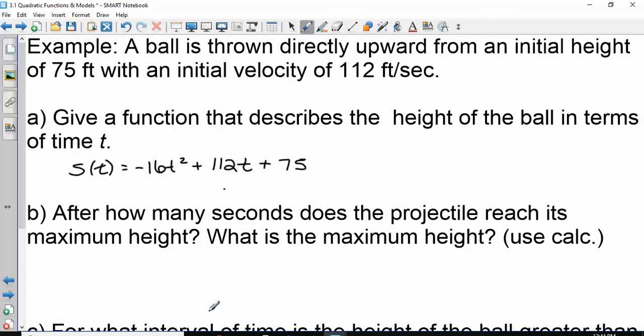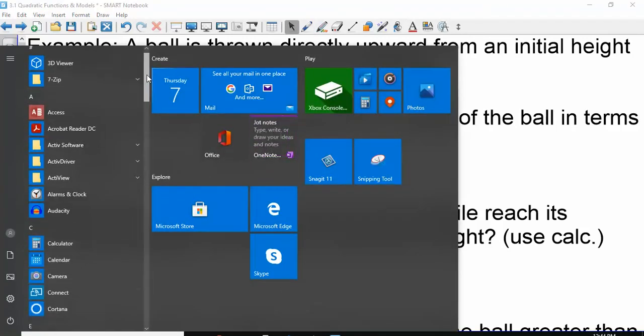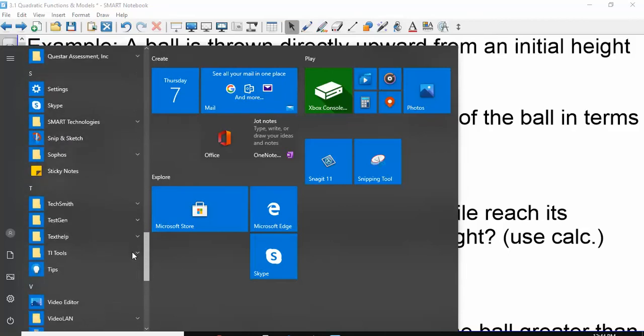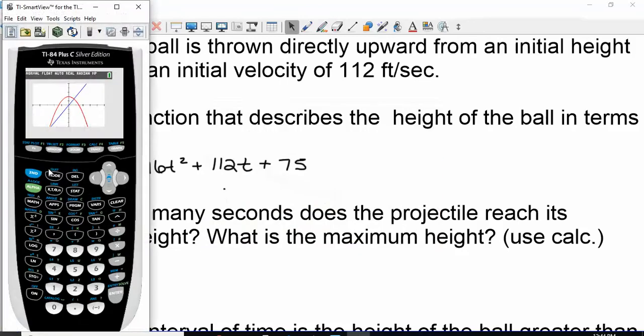I also want to show you how to do this on your calculator. So everybody needs a graphing calculator here. Okay. Let's go to our y equals, and we're going to type in our function and clear out anything else that's there.